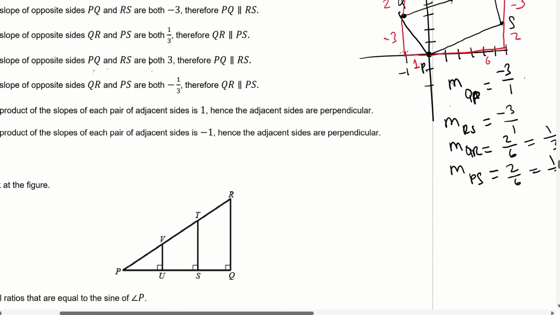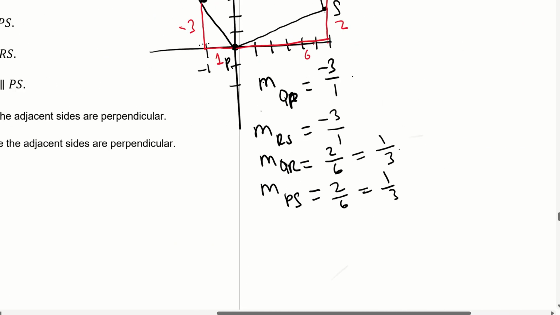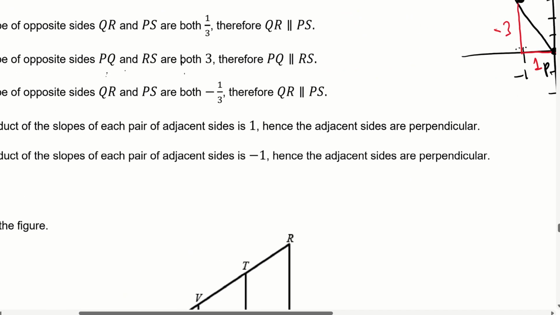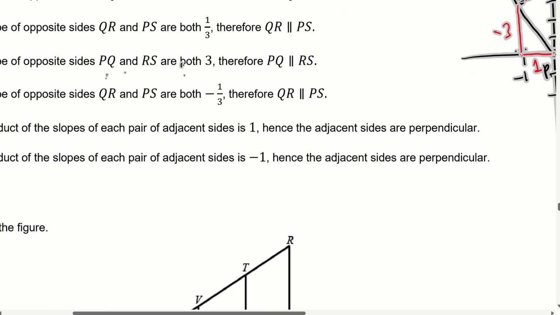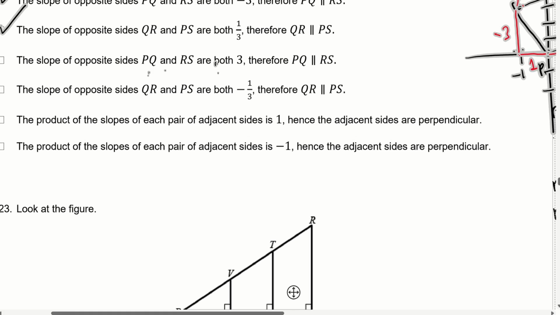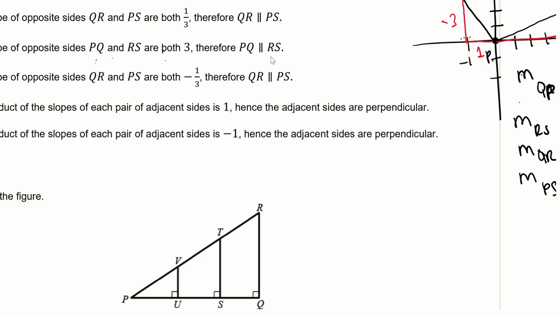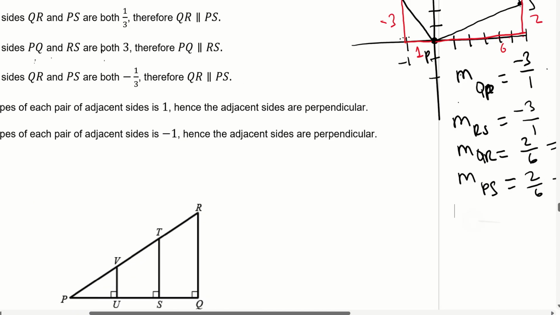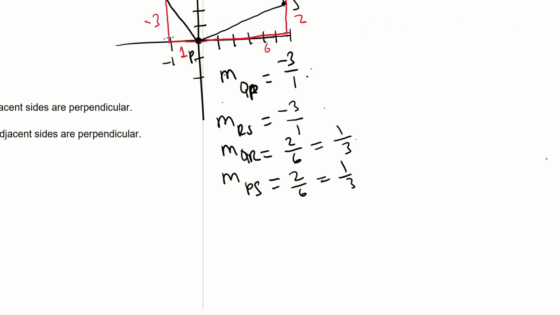So it says multiply the slopes of each pair of adjacent sides next to each other, okay? So the sides next to each other. Okay, so then let's go ahead and do that. So these sides are next to each other. So if I multiply them, I get -3 over 3, which is -1. And the same thing for these ones.